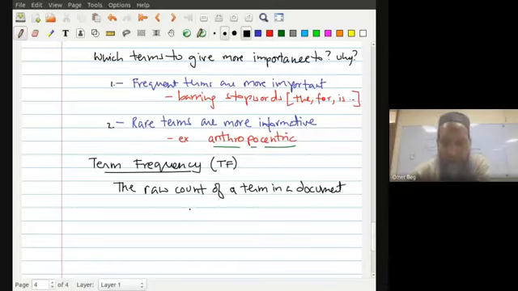Basically, you count the number of times a term occurs in the document, and you give it out. So you can call it the frequency of term in document. This would be TF given a term and a document.